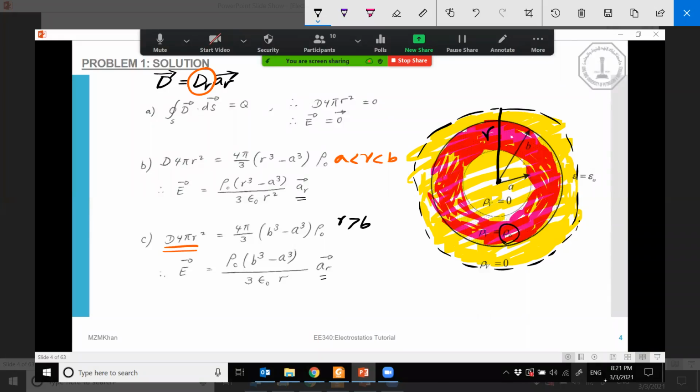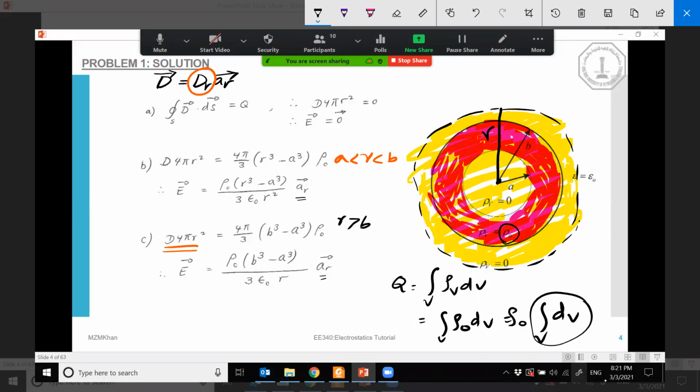second case. The charge enclosed is the integral over V of rho V dV. So this is nothing but the integral over V of rho 0 dV, which is rho 0 times the integral over V of dV. Now what will be the volume of this red region?